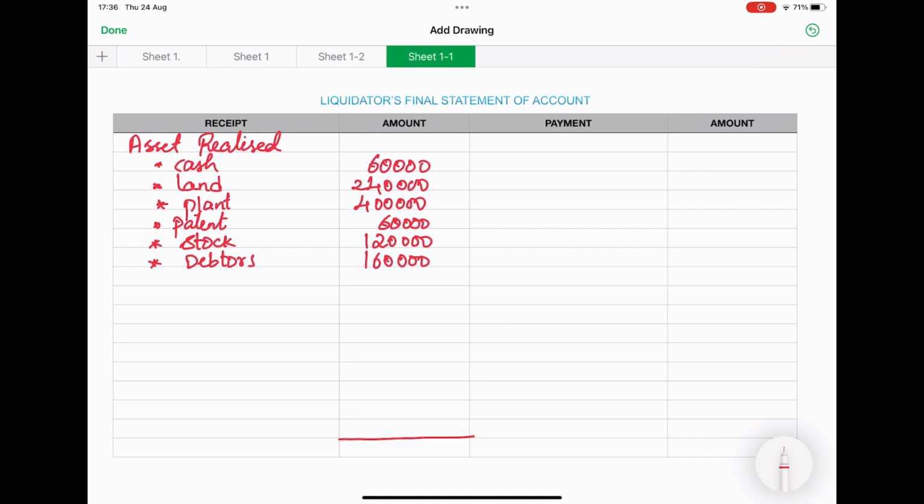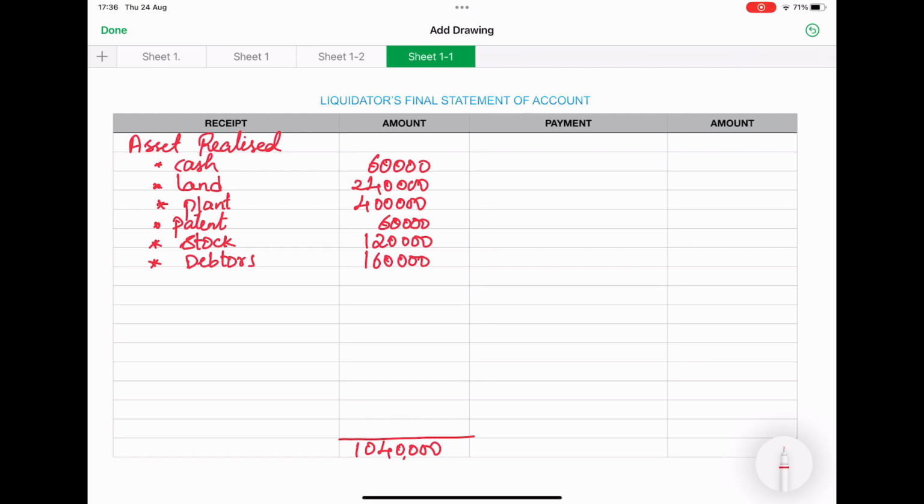Total will be 60,000 plus 2,40,000 plus 4 lakh, plus 60,000, 1,20,000 and 1,60,000. So the total will be 10,40,000. Now we'll move on to the credit side.